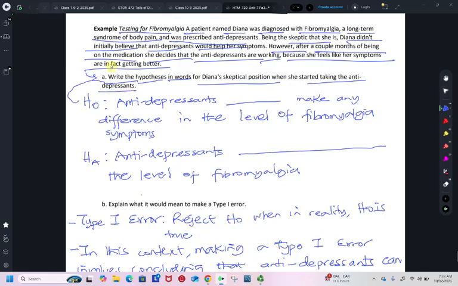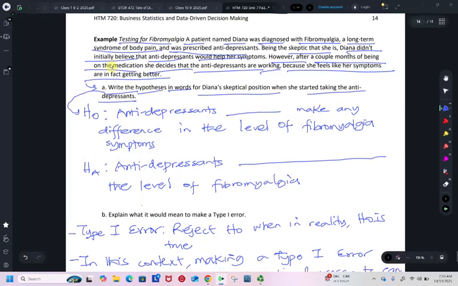Well, how do we set up the null hypothesis? The null hypothesis is always a hypothesis of no difference. So, aligning with that definition, we'll state the null hypothesis as saying that antidepressants do not make any difference in the level of fibromyalgia symptoms.